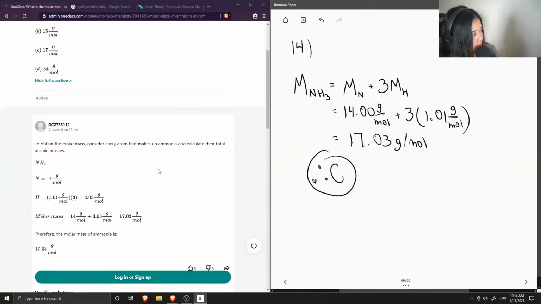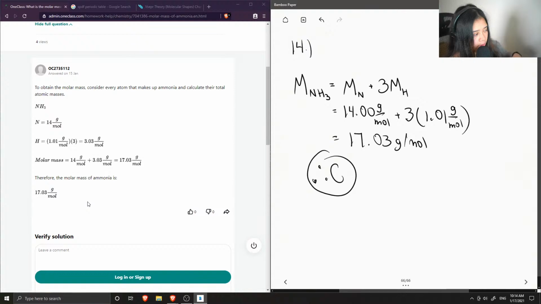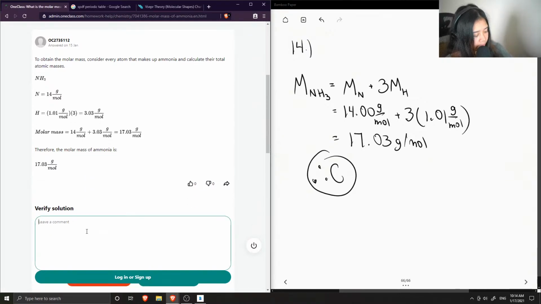So the junior tutor said, to obtain the molar mass, consider every atom that makes up ammonia and calculate their total atomic masses. So they did 14 plus 3.03, and they also got 17. So this solution is correct.